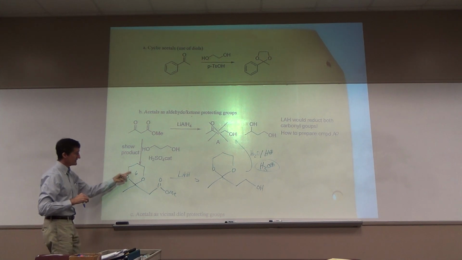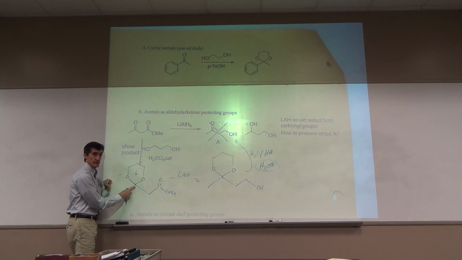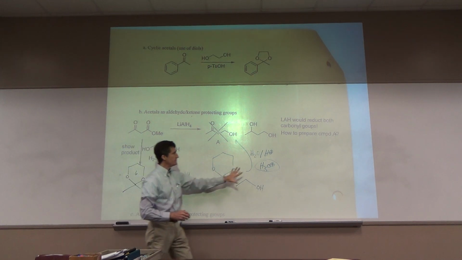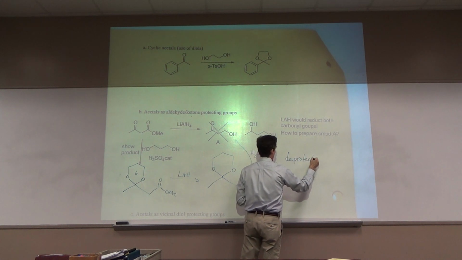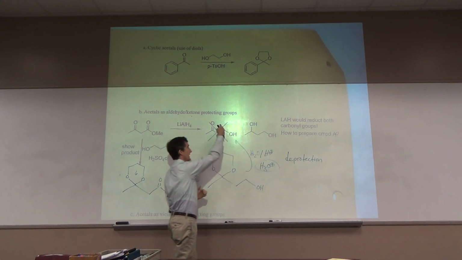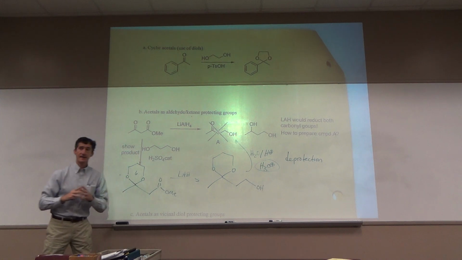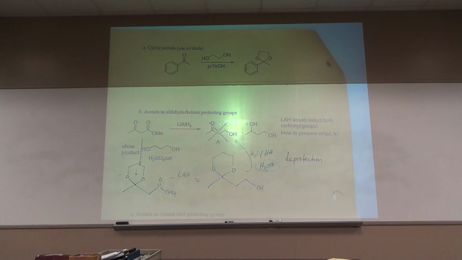See, once we make the acetal, it's no longer electrophilic. A nucleophile is not going to react here. No longer electrophilic. We have protected the carbonyl, and then we deprotected. Deprotect and reform. That's how we can make A, by protecting the carbonyl.